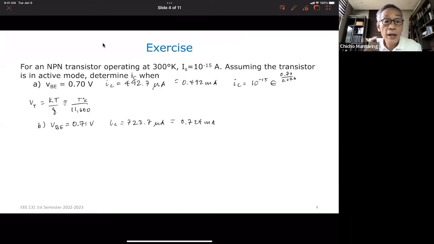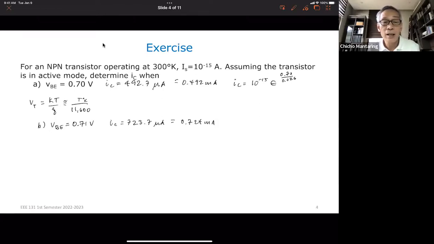So a difference in input voltage of 0.01 resulted in a difference in current of 723 minus 492.